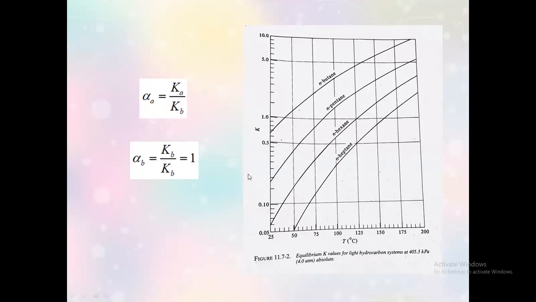If you don't have easy access to this, it could still be based on the Y's and the X's of A and B, because this K is actually the distribution coefficient, which is based on the mole ratios of Y and X, Y and X for A and B. The problem is that this Y and X must be measured at equilibrium. It's not just any Y and X that the problem is giving you.